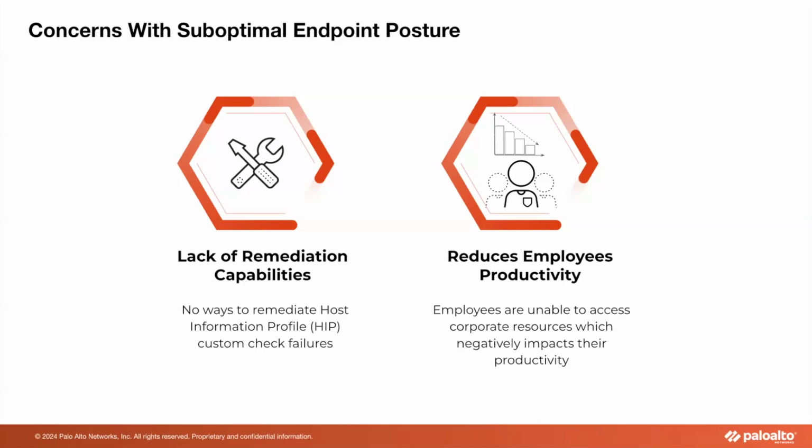After that, the endpoint will run the remediation script, and the GlobalProtect app will resubmit the HIP report, and the issue with respect to the HIP check will be remediated. The users will be allowed to access the network or the resources without having to wait for the next hourly HIP check update to get pushed to the endpoint, and this whole delay is a cause for productivity reduction for employees.